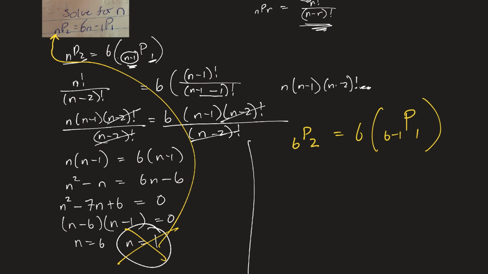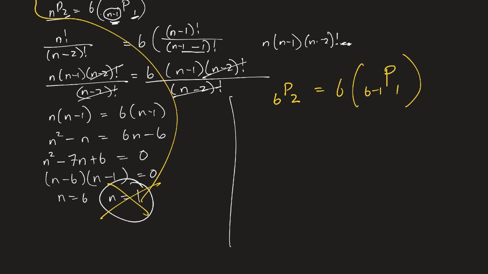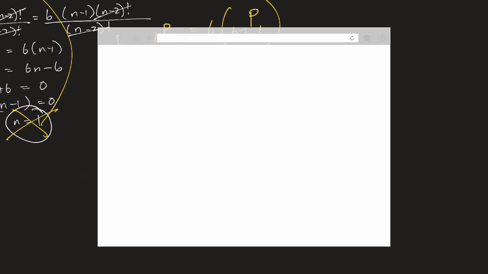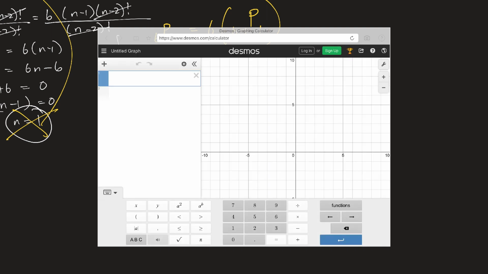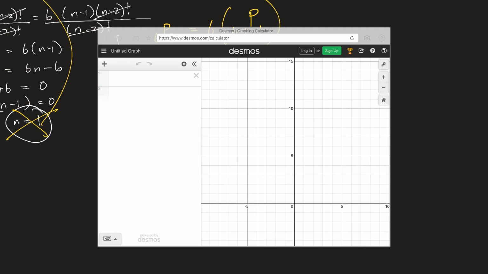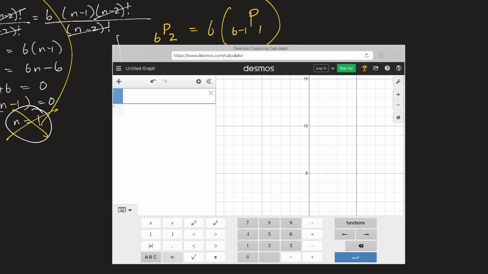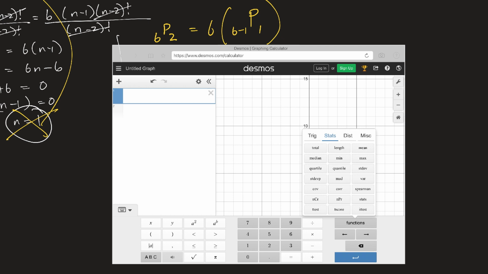Maybe I'll try it in Desmos and just see if that works. Okay, where's my pick stuff? I go to stats and pick.